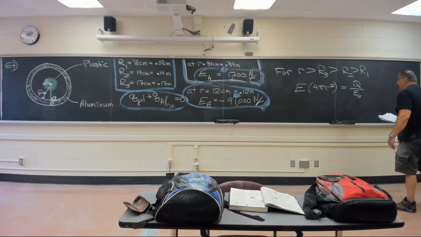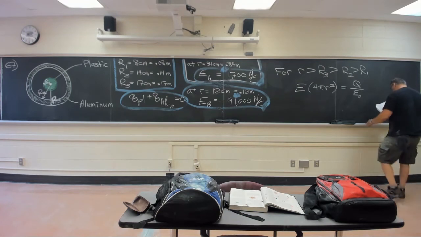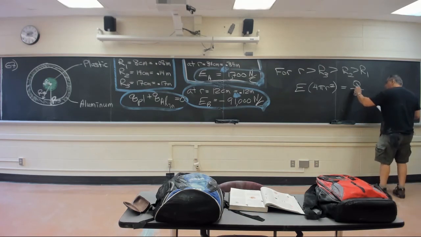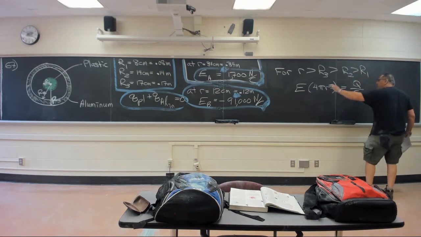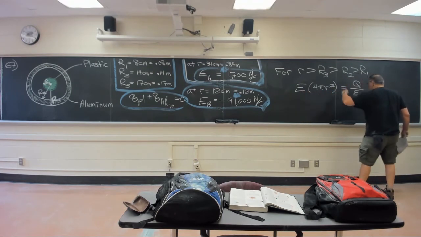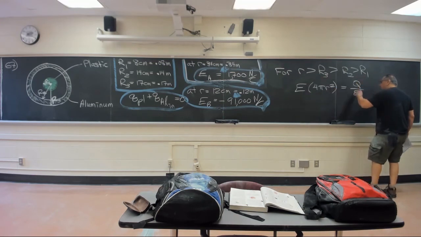I think that answers a lot, actually, because remember, Q is Q aluminum out. So let's talk. I can get the E field. I don't need to know. They already told me what the E field was at some point bigger than that, some point r. I'd like to find what Q is.